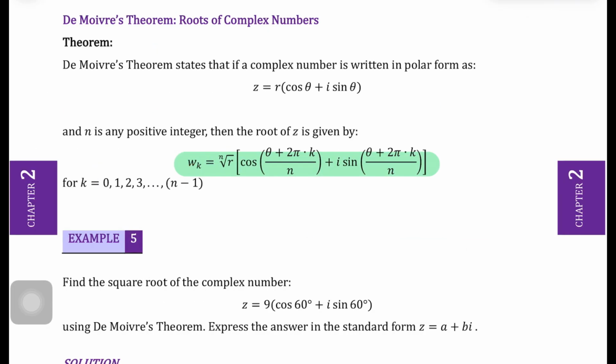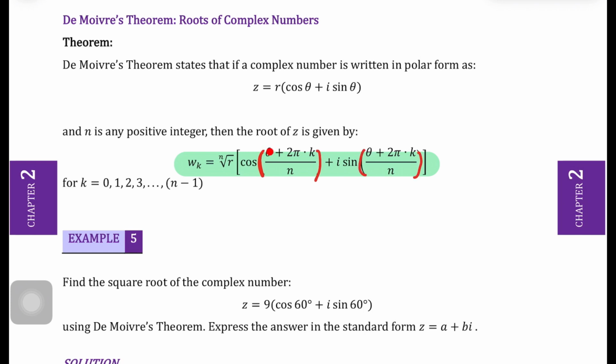If you want to take the roots of complex number, your r outside will just follow. Okay, if you want to take root n, so outside here is root n of r, and the form inside is the same, cos something plus i sine something. Okay, then let's focus towards our angle inside.